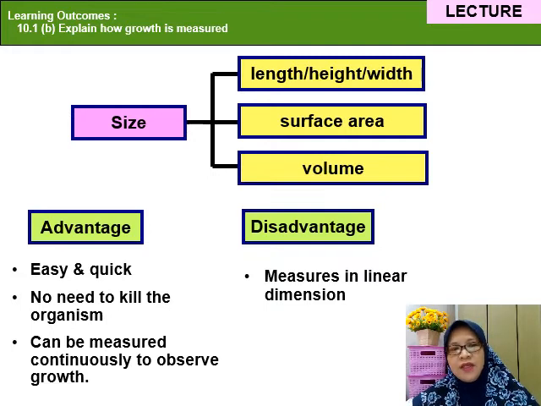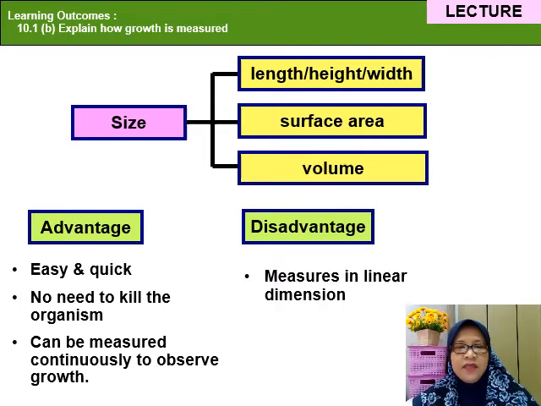The advantage is that it is easy and quick, there is no need to kill the organisms, and it can be measured continuously to observe the growth. But the disadvantage is that it only measures in a linear dimension.